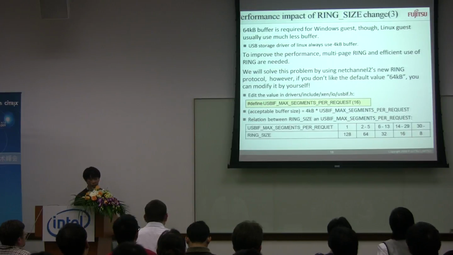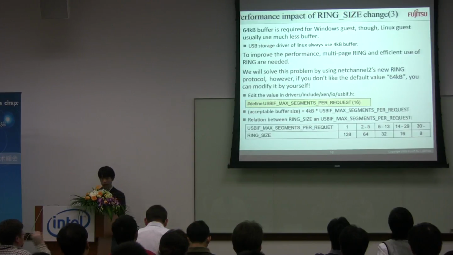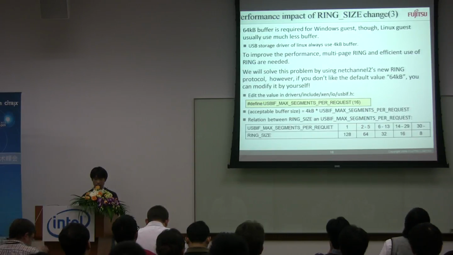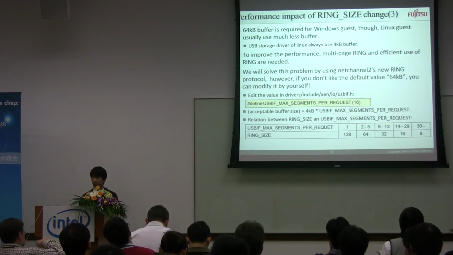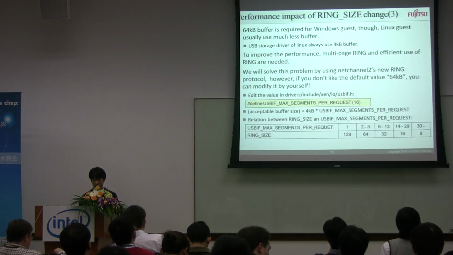For example, the storage driver of Linux always uses 4 KB buffers. That's one page, so it's a waste. To improve the performance, a multi-page ring and efficient use of the ring are needed. In the second release, the performance has been degraded temporarily, but we are going to recover it by using NetChannel 2's new ring architecture.